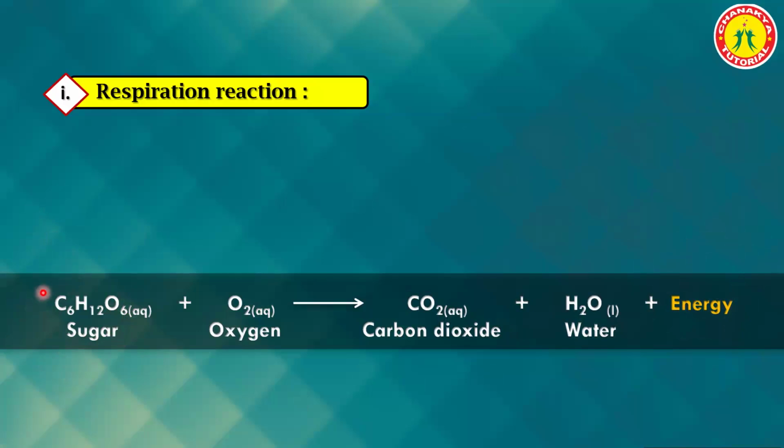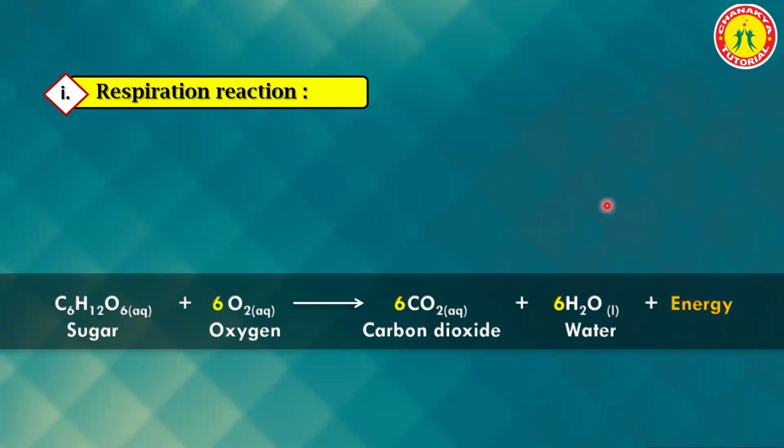That is, the food we ate, we use that to produce energy and release CO2. So this is also an example of exothermic reaction where heat energy or any kind of energy is released. That is, there is release of energy in this reaction. Hence, it is an example of exothermic reaction.